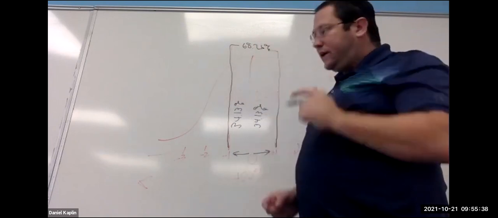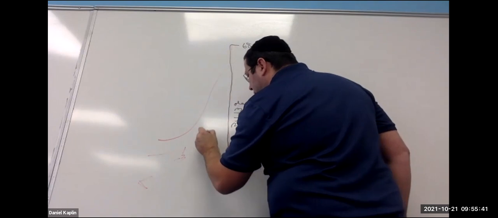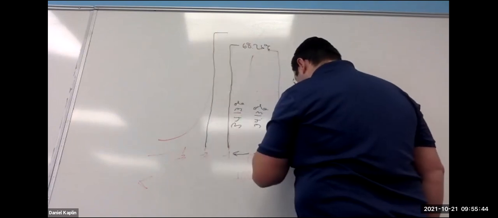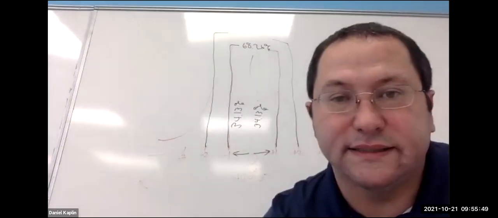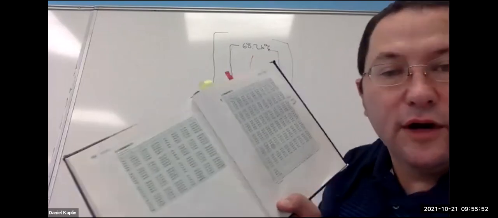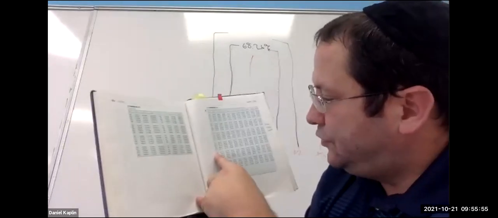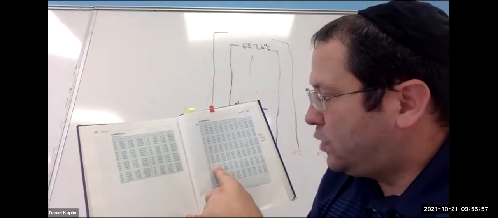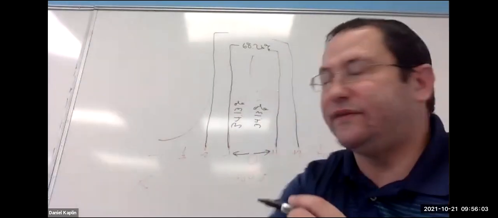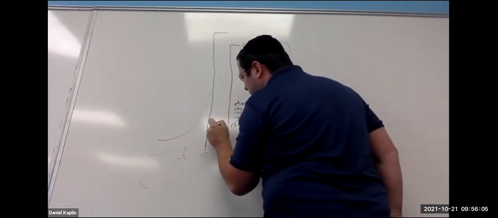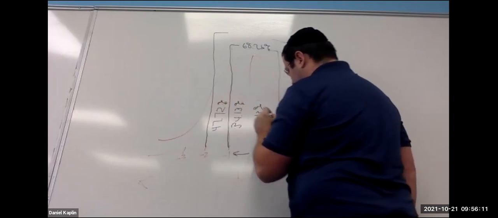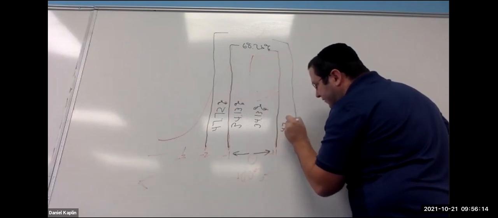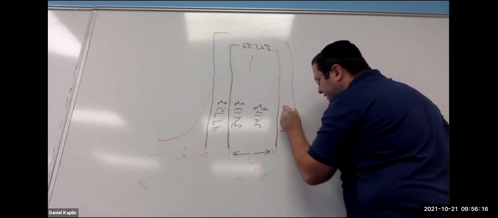All right. Now, what if we wanted to know the percent of cases that occur between two standard deviations plus or minus on the bell curve? Well, we have to go back to our book. I go down to 2.0, go across, we get 47.72. I don't know if you can see that, but 47.72. So 47.72% here, 47.72% here.